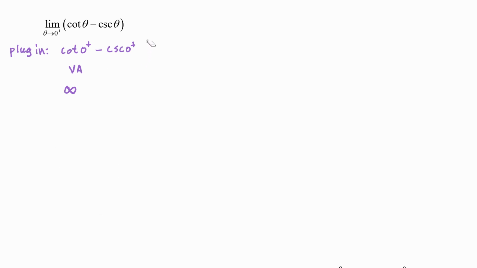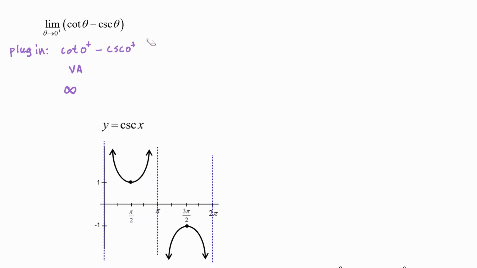Next we look at the graph of cosecant, and we see there's a vertical asymptote at x equals 0 there, and as we come into x equals 0 from the right, that's also going off to positive infinity.